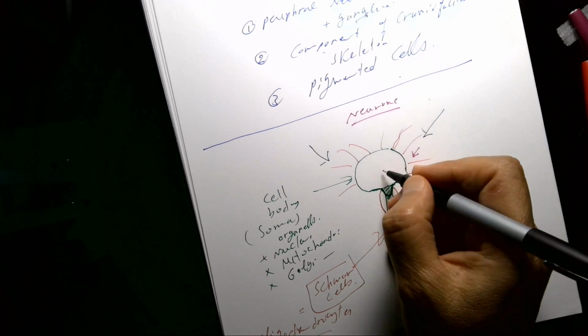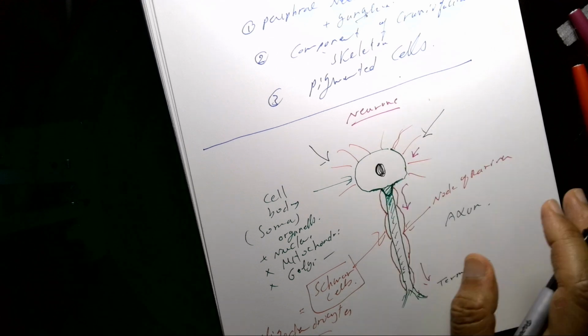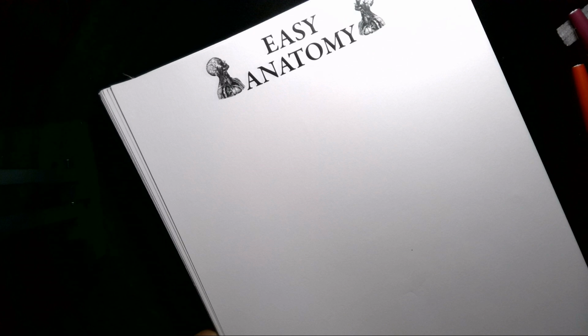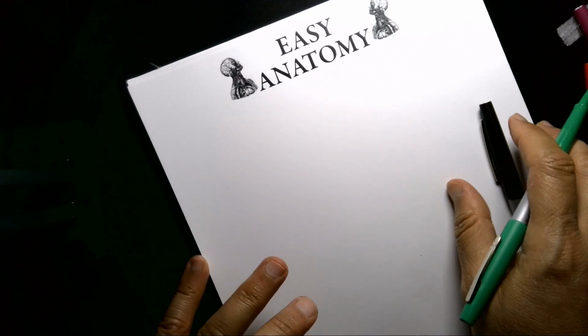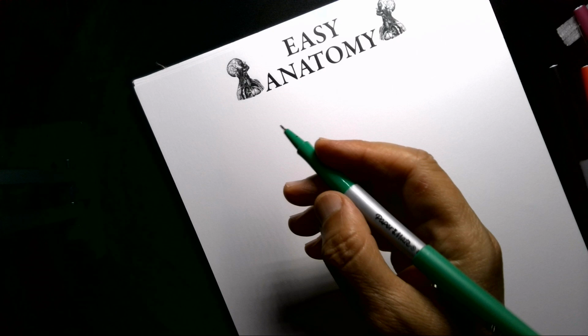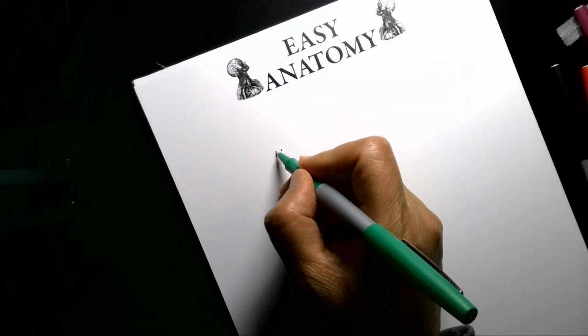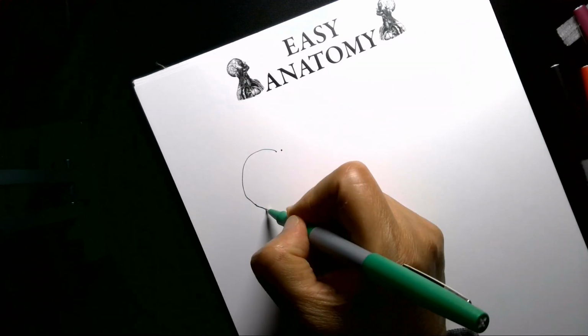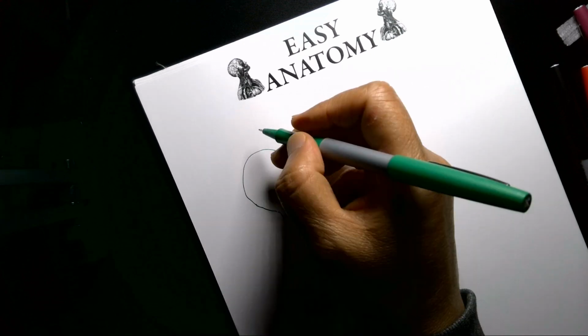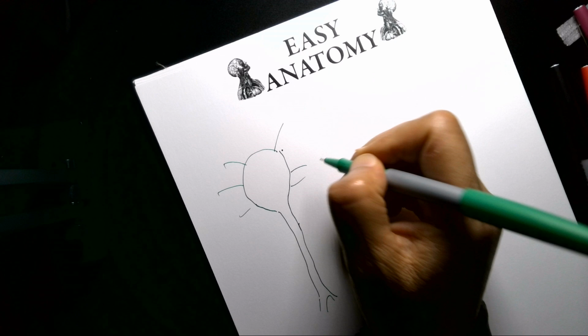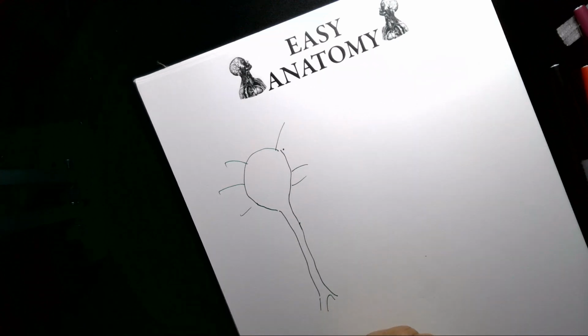The neuron can be in different shapes. Like you find, this is a classical shape which we call multipolar. So here is the cell body, here is the axon, terminals, then dendrite. This is multipolar.